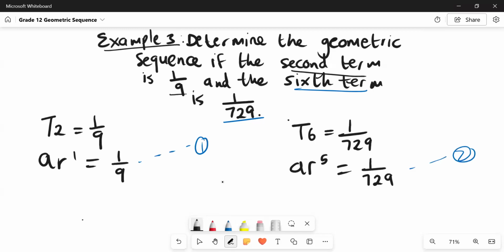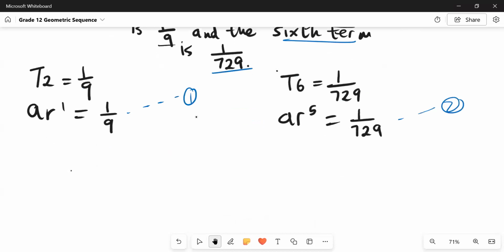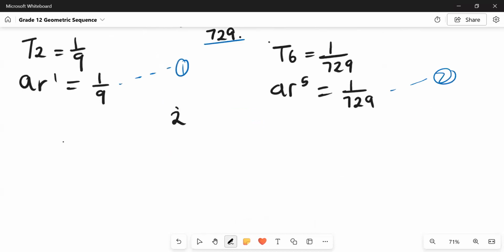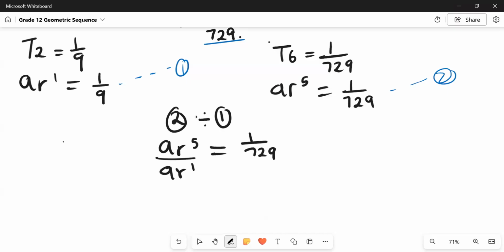We're done with sequences now. We have to focus on simultaneous equations, right? So equation 2 divided by equation 1. Equation 2, that's AR to the power 5 equals 1 over 729, divided by AR to the power 1, here divided by 1 over 9, right? And then from here, these two cancel.